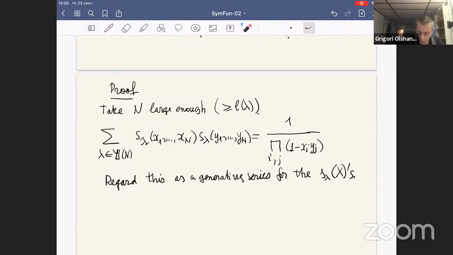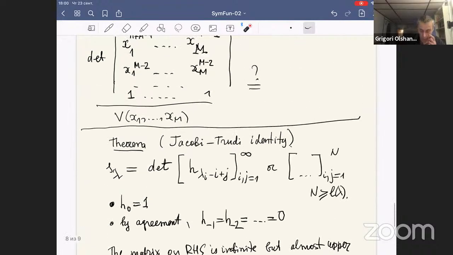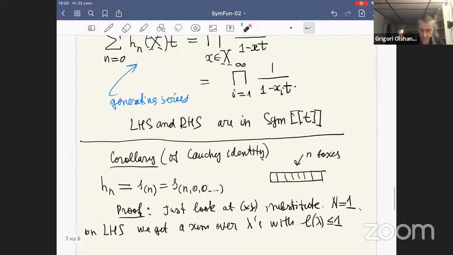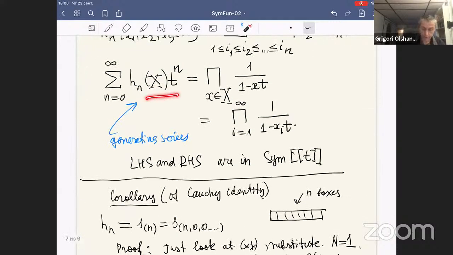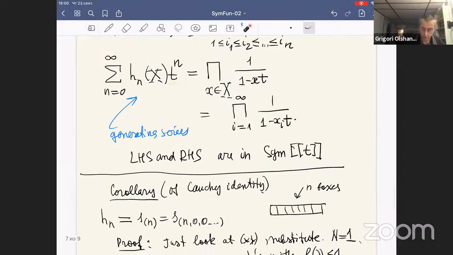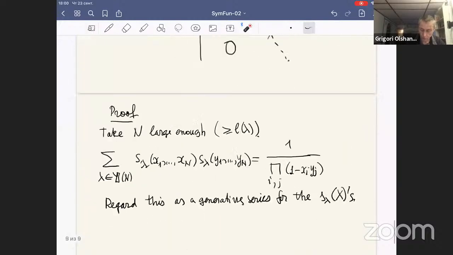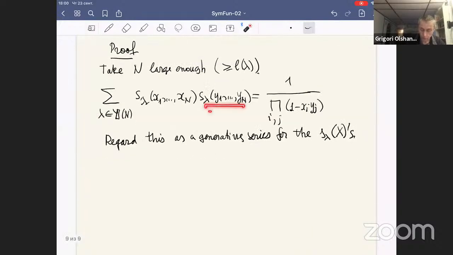So we regard these objects as formal variables. Okay, so in the simplest case of one variable, we get this. So the role of T here is played by the whole Schur polynomials in the Y variables.